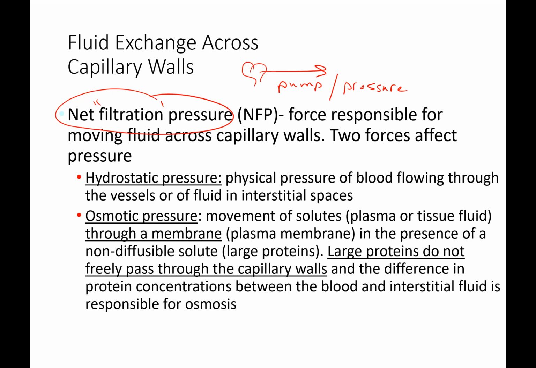The faster the fluid gets pushed through an area, in a way, the more filtration you're going to have. The slower fluid gets pushed through an area, the slower the filtration you're going to have.